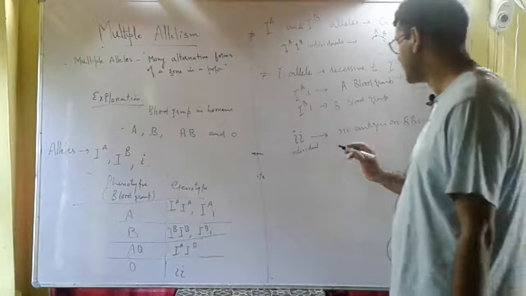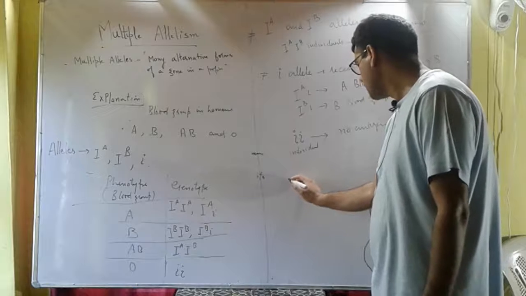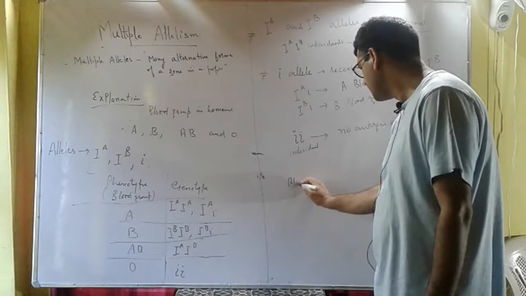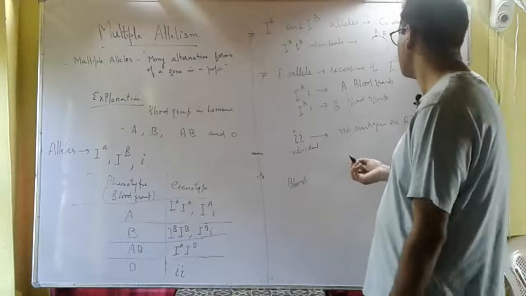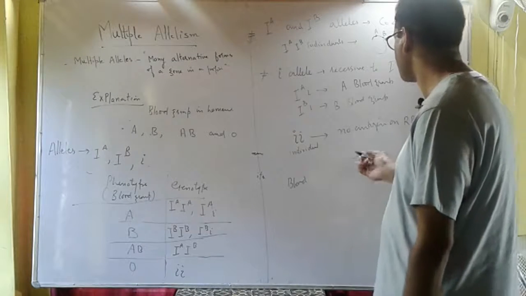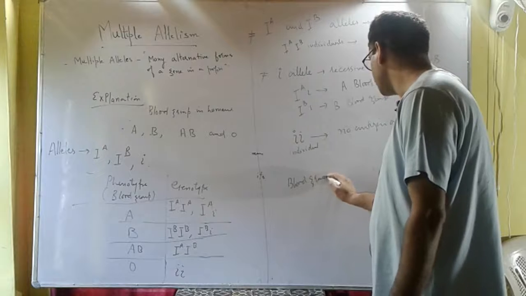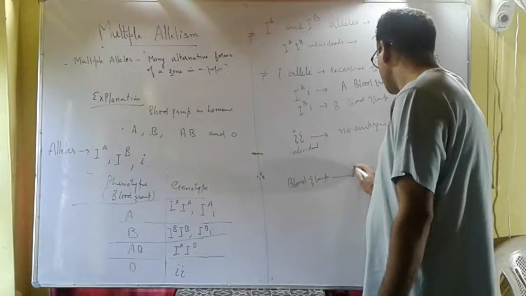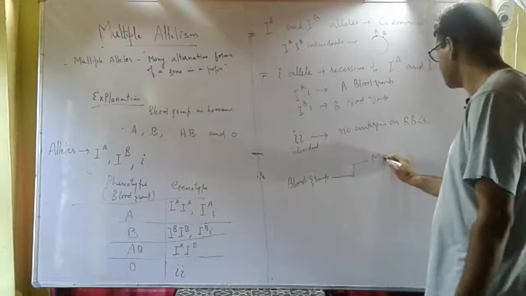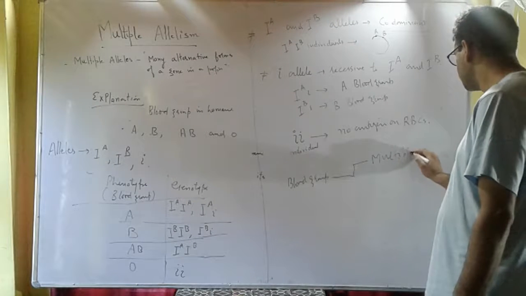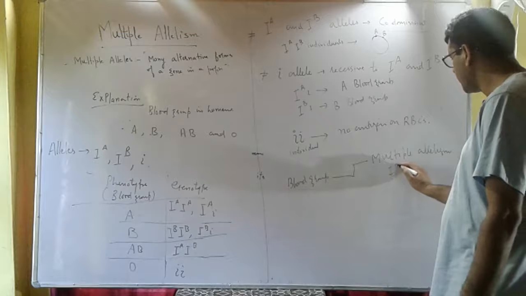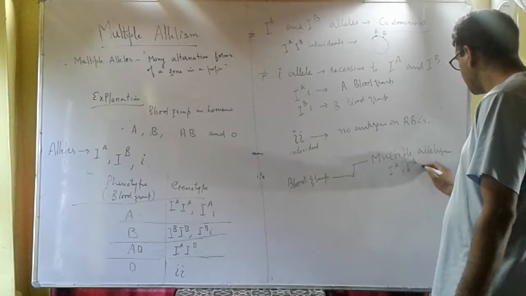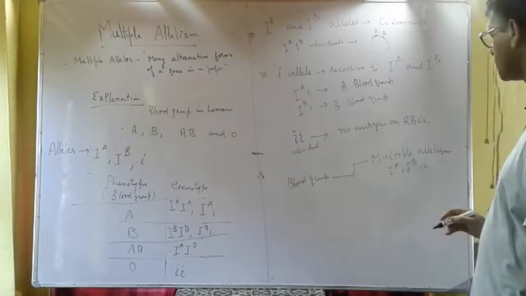So we can say that blood group in humans shows multiple allelism, because we have IA, IB and small i alleles which control this blood group.